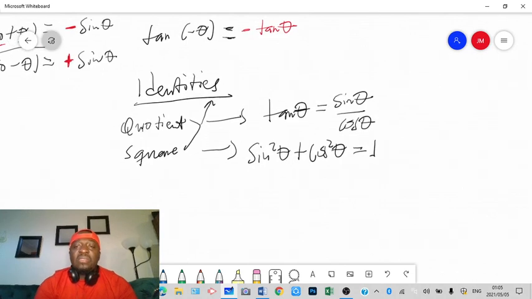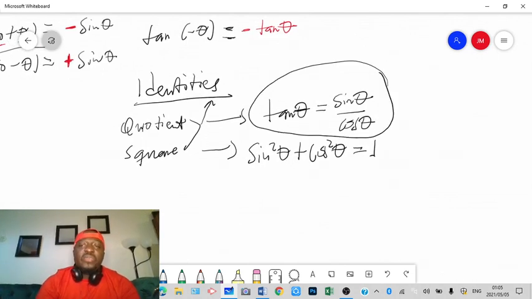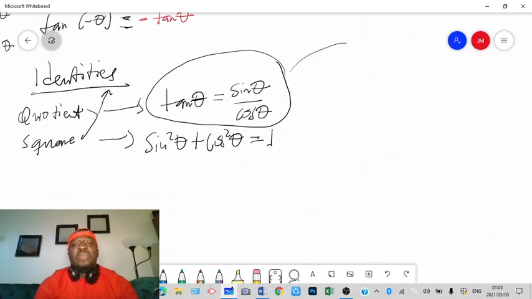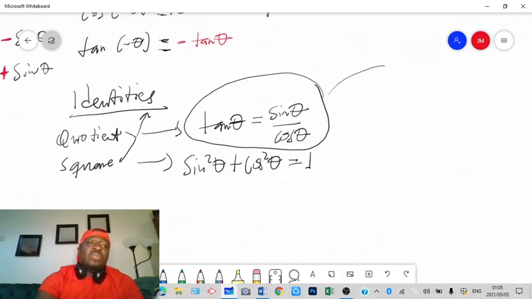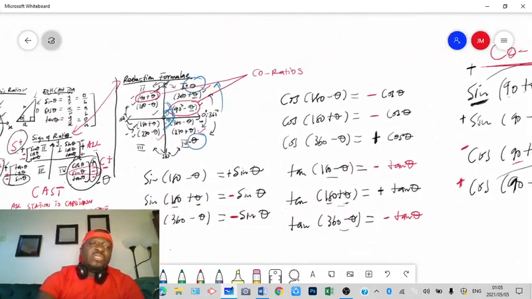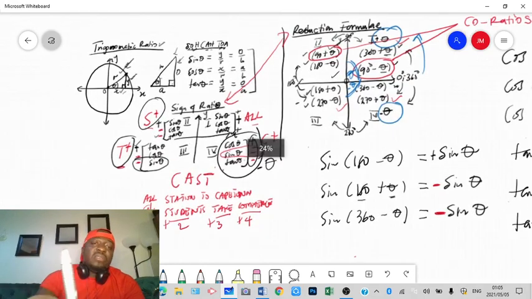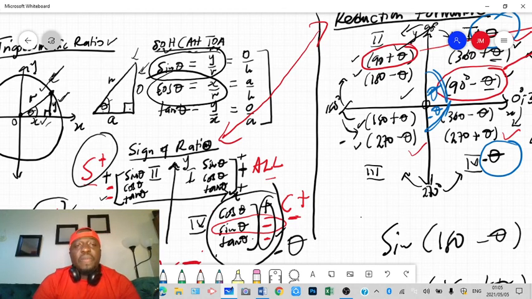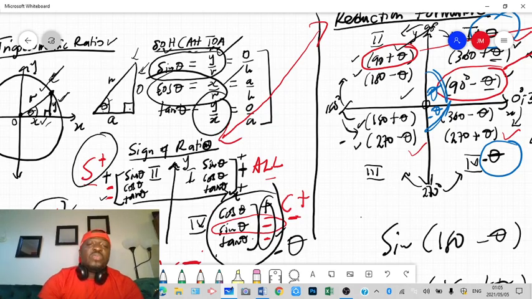How did we get this here? You're not required to prove this, but let's quickly show you how we came across it. Remember when we did the ratios from here, we expressed sine and cos from this. Sine is y over r, and your cos is x over r, as well as tan.